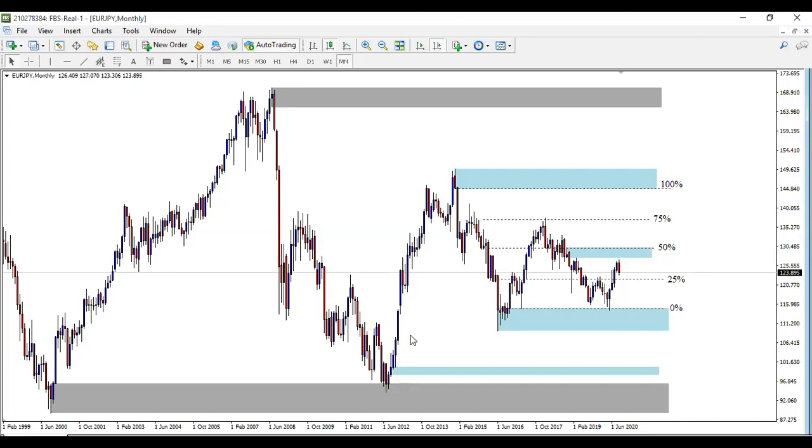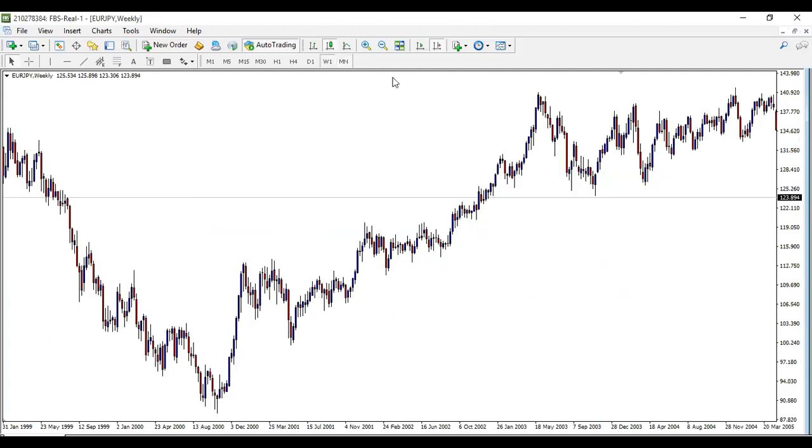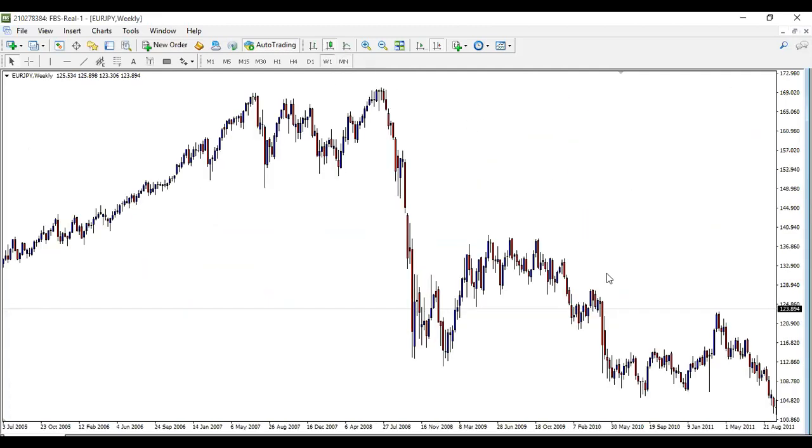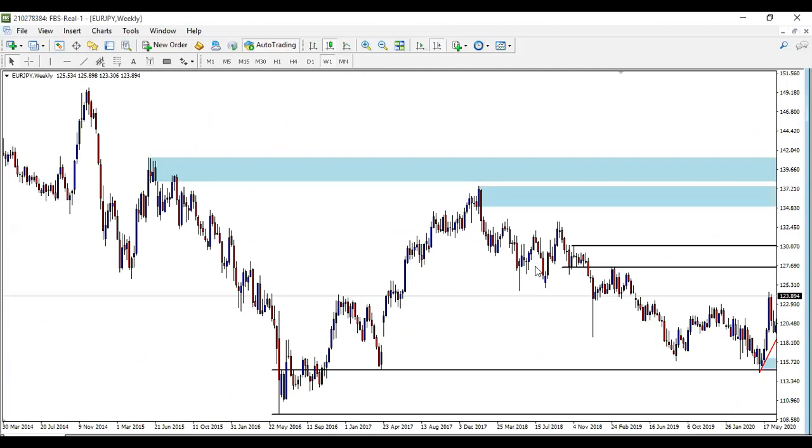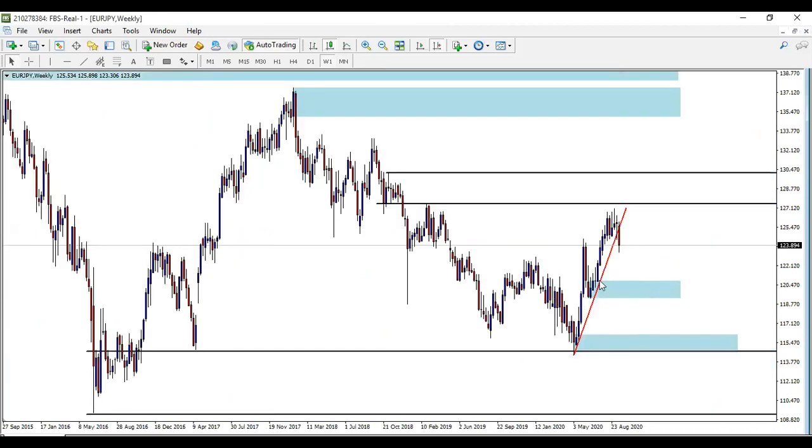Obviously, we're not going to be using weekly for our executions. That's too much risk unless you have the patience to hold. You can also check the curve on weekly. This is our weekly curve.